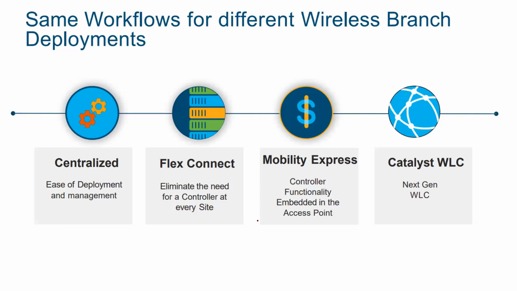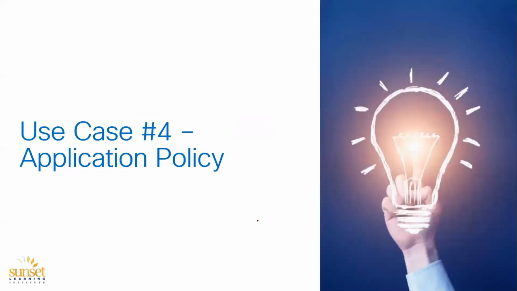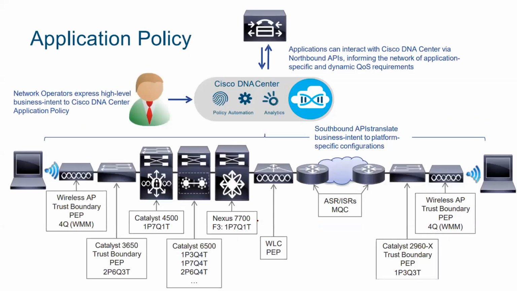Once DNA discovers that wireless controller, it will start communicating with it. Once you create the SSID and profile, it's going to push the configuration, and it's going to bring the information about the access points, clients, health, and sensors. All of this information will be brought to you through DNA. We will see some quick examples. I'm afraid that we don't have much time to run a long demo, but I'll do my best.